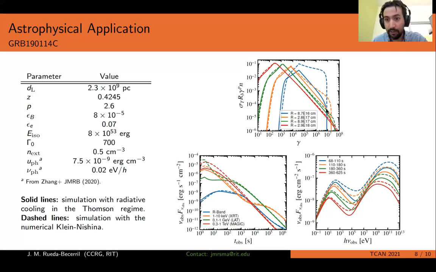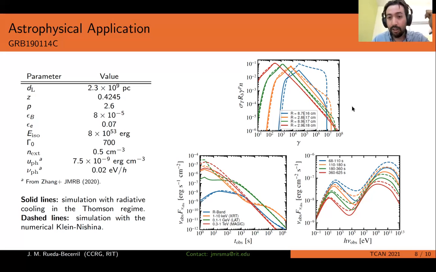As I said before, the Thomson, okay, here in this plot what we can see is the particle distribution evolving along with the light curves and the spectral energy distributions of the system.